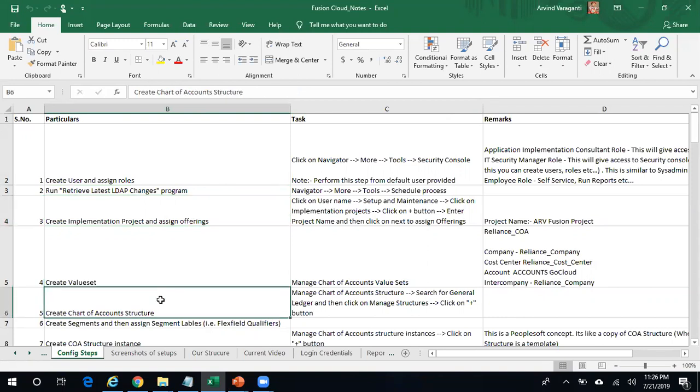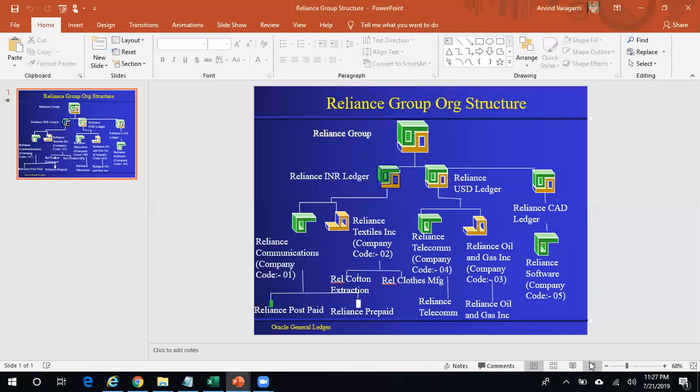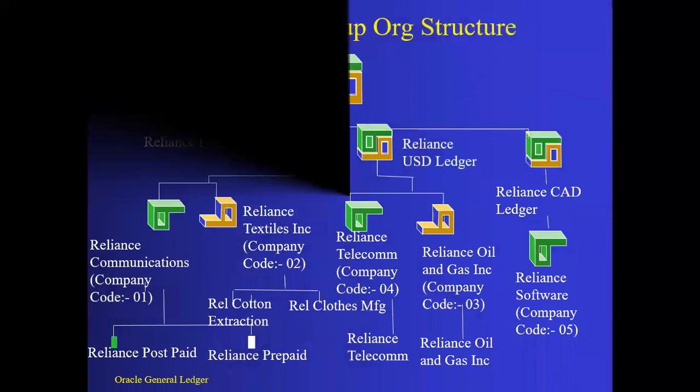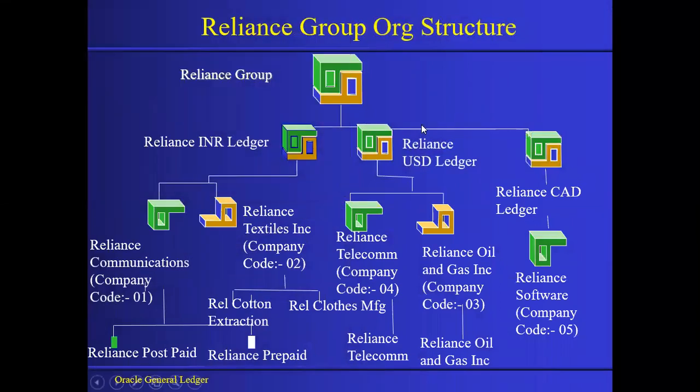As you all know, for creating a chart of account structure, you need to have the value sets. I'm planning to create a structure something like this. At the top you have your Reliance Group. Under Reliance Group, we have Reliance INR ledger, Reliance USD ledger, Reliance Canadian ledger, and under Reliance INR ledger, I have two legal entities, Reliance Communications and Reliance Textiles, and under these two legal entities, I have these as my business units.